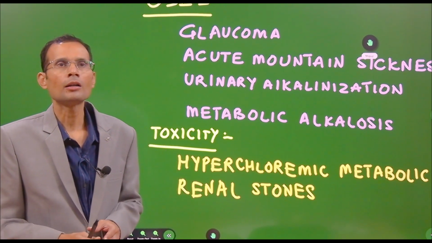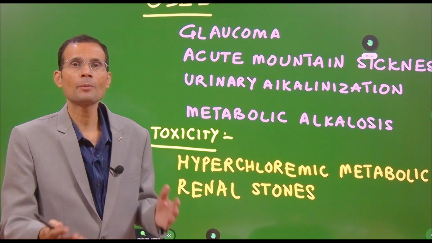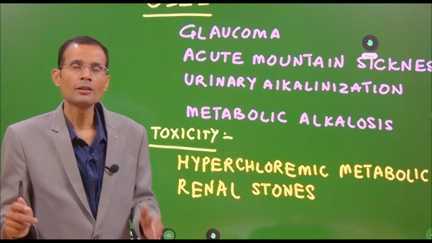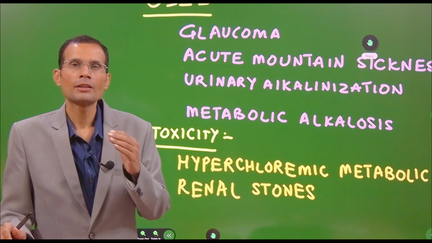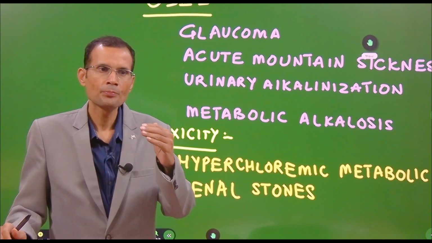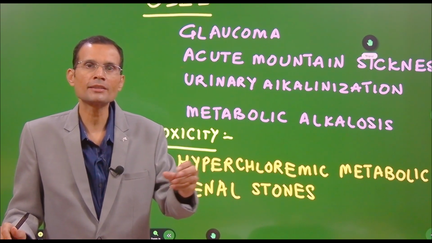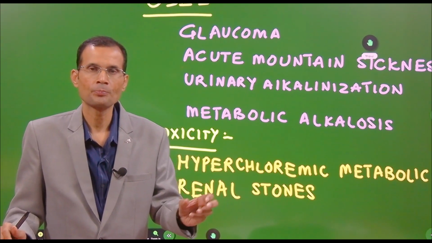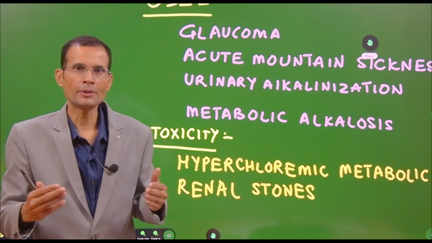In acute mountain sickness, or as a preventive measure, acetazolamide is given. Why is that? Because the basis is similar: bicarbonate is secreted into the CSF by the choroid plexus, and that increases the volume of the CSF a little bit.